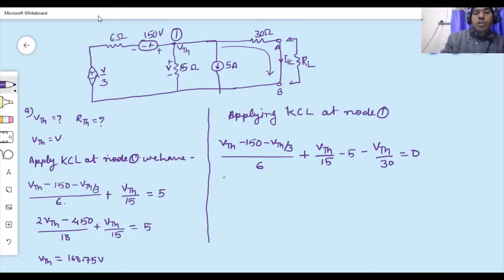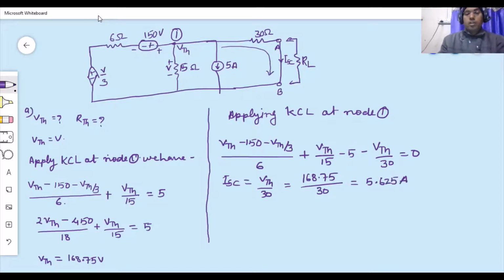So ISC is nothing but VTH by 30, and we have VTH as 168.75 upon 30. Let's calculate with the calculator. So we have the current 5.625 ampere.